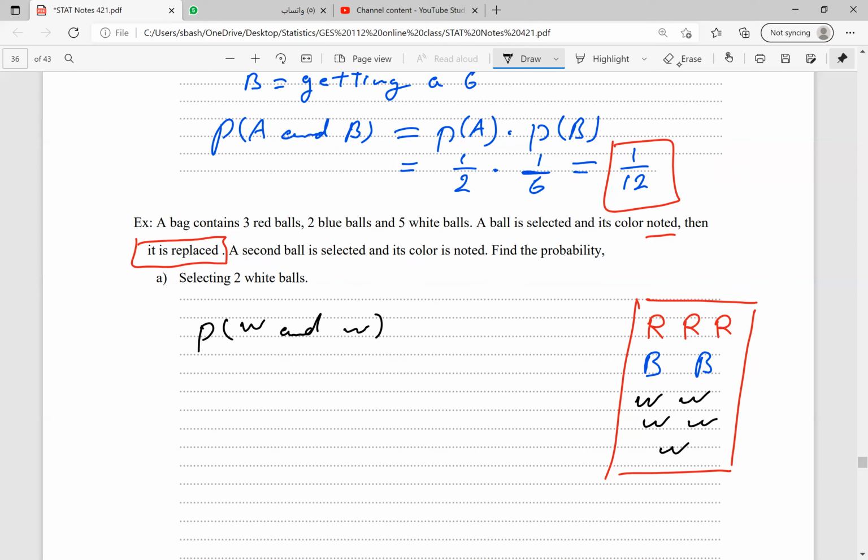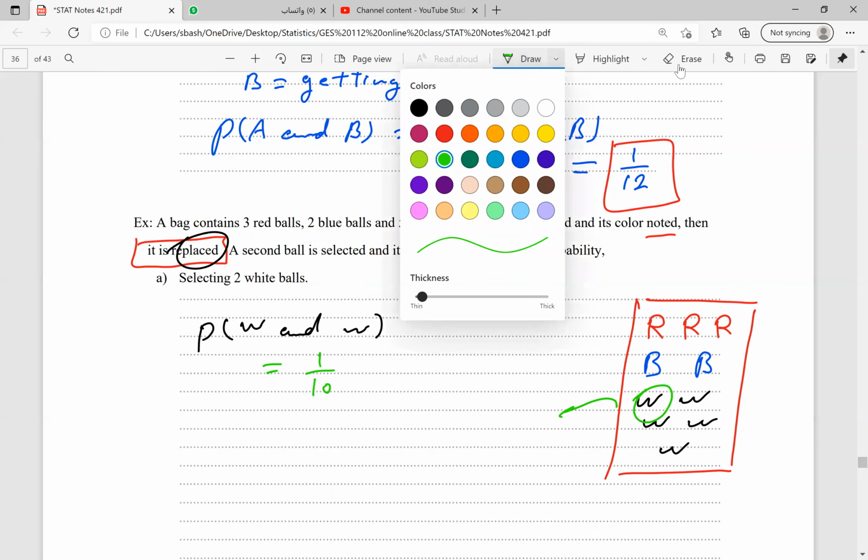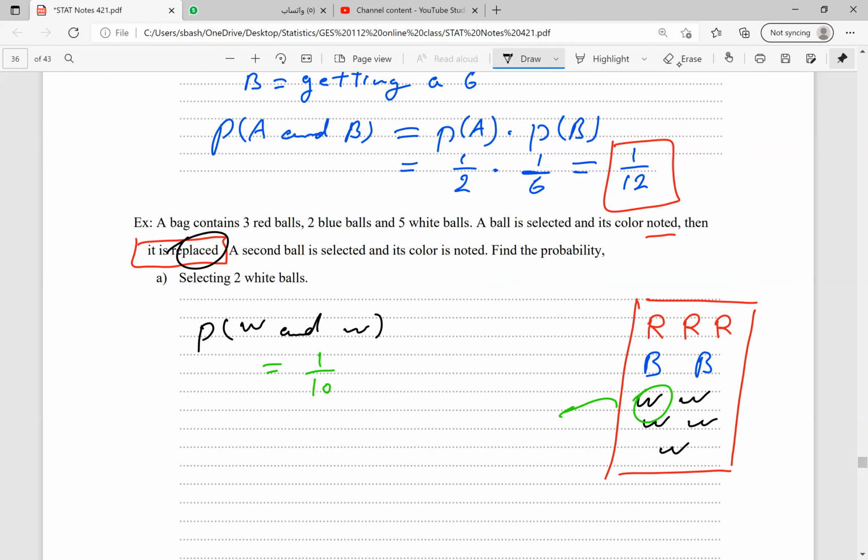The word replaced means we choose one white ball and put it back. We write it as getting white and getting white.